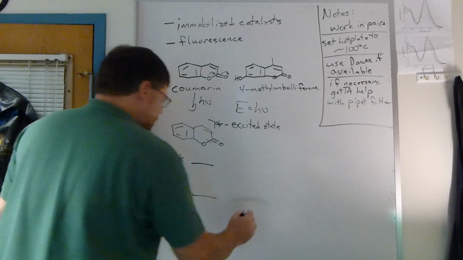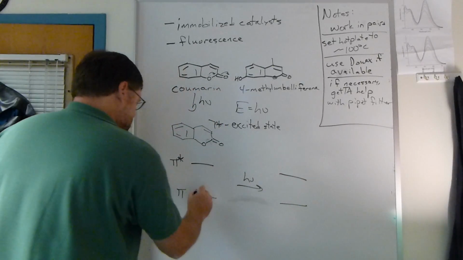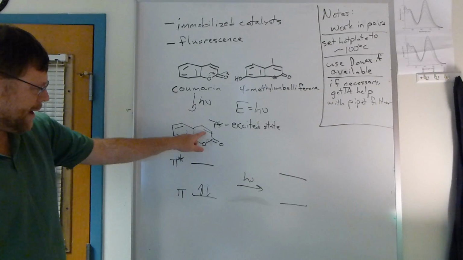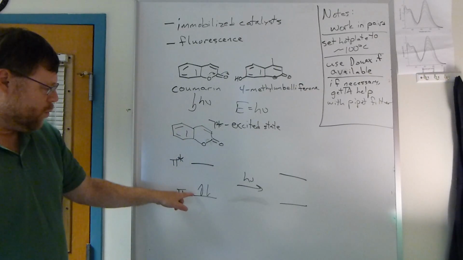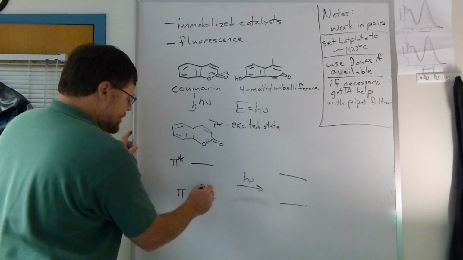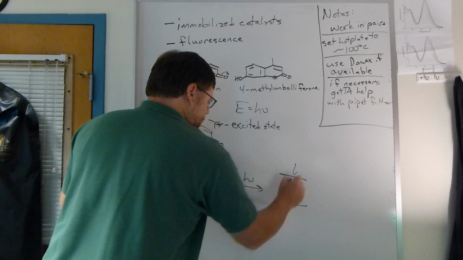Put simply, let's take one alkene. Let's say we just have a pi bond, it's got 2 pi electrons in it. When a photon of light is absorbed, one of these electrons will hop up to the antibonding orbital.